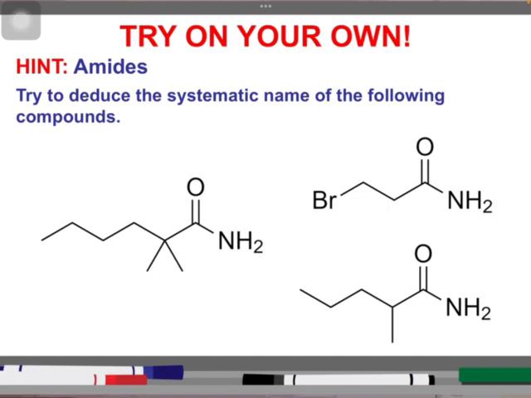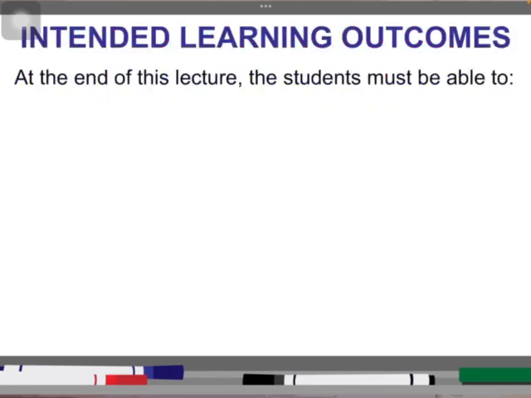So, this time, these are your amides. Try to deduce the systematic names of these 3 skeletal structures. Okay. So, basically, we have covered all the basic functional groups. There are really many other functional groups, but for your level, it stops there for now.